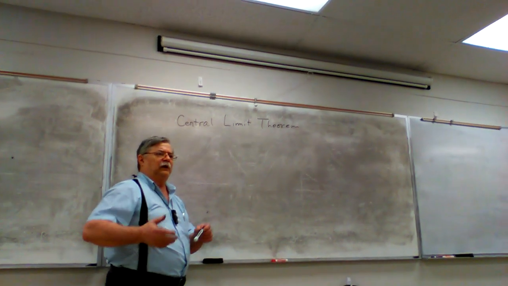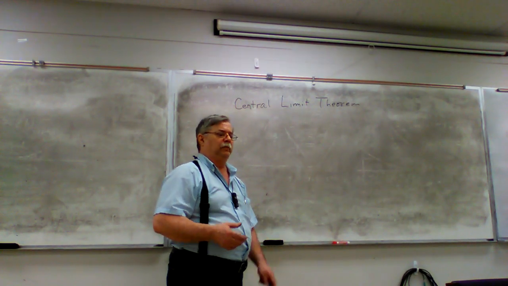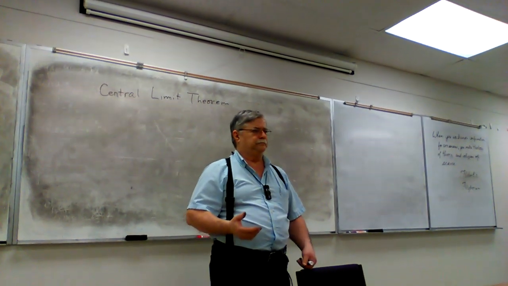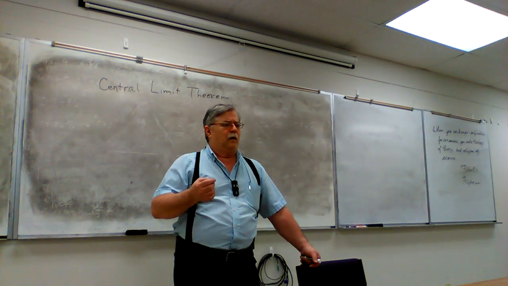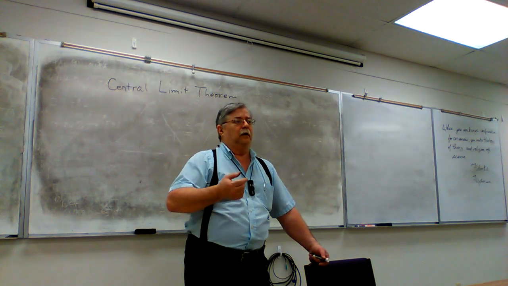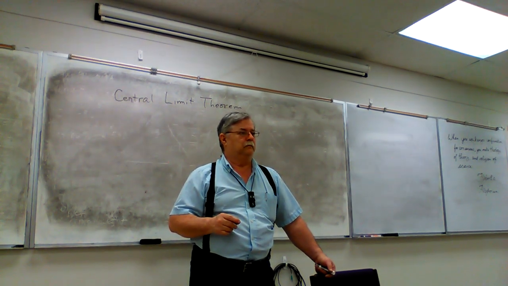So, if we take a sample of, say, 30 adults and measure their blood pressure, what is the mean of that sample going to be? It's not going to be 125 millimeters of mercury.